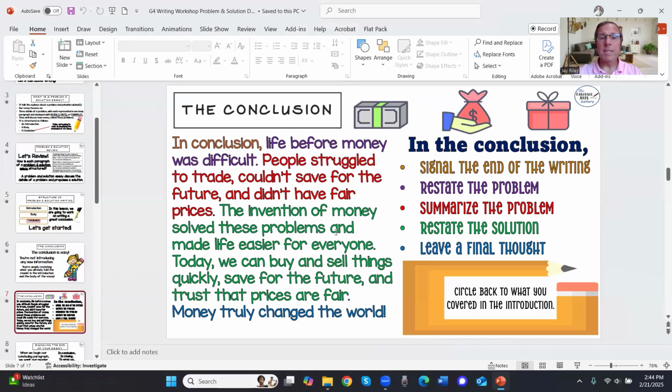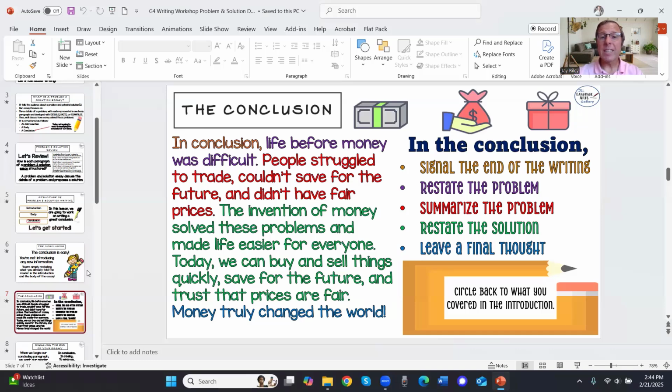The invention of money solved these problems and made life easier for everyone. Today, we can buy and sell things quickly, save for the future, and trust that prices are fair. And finally, we want to leave the reader with a final thought. Now, this is an opportunity to get creative. Here in the mentor text, I said, money truly changed the world.